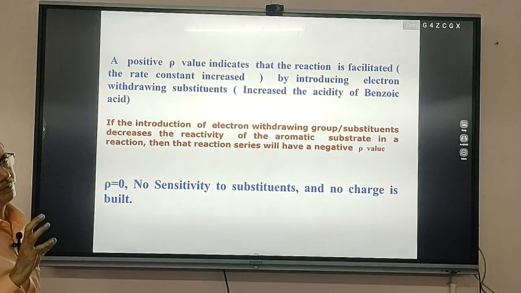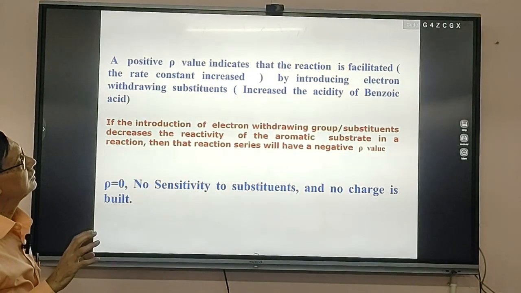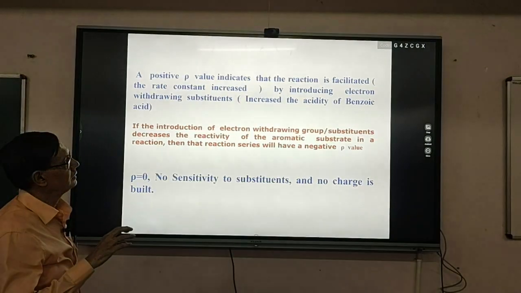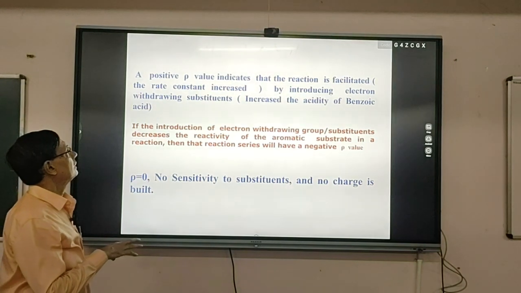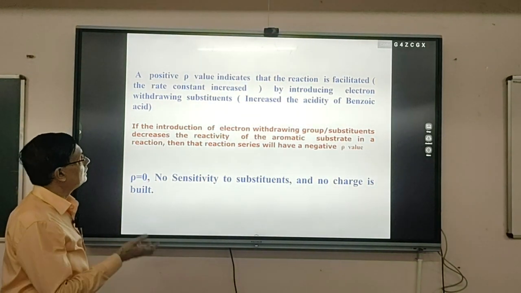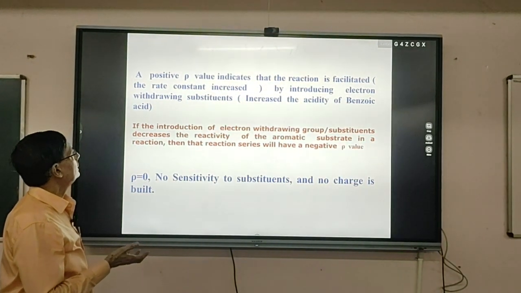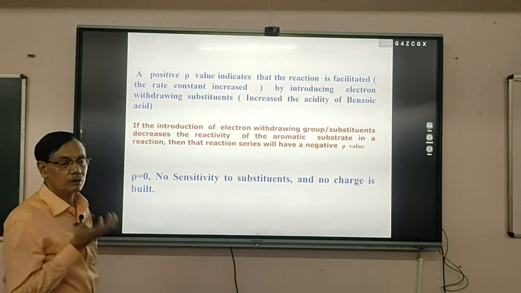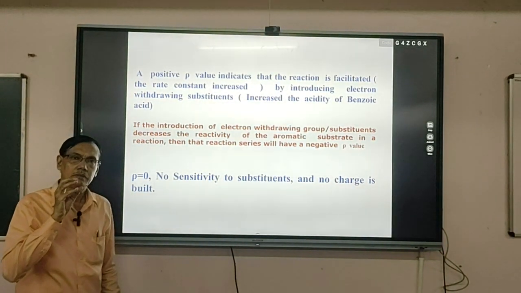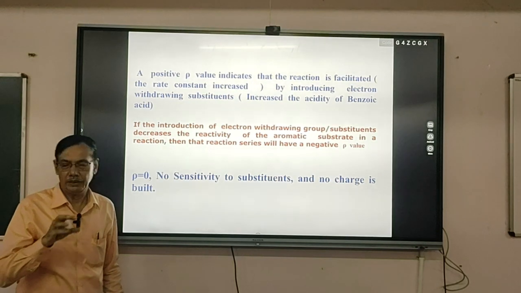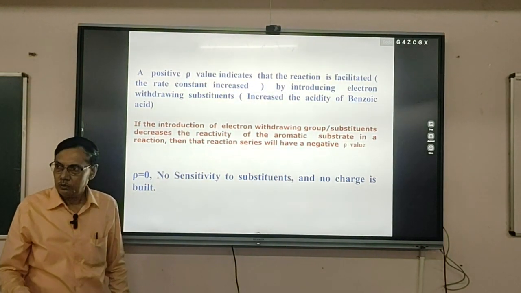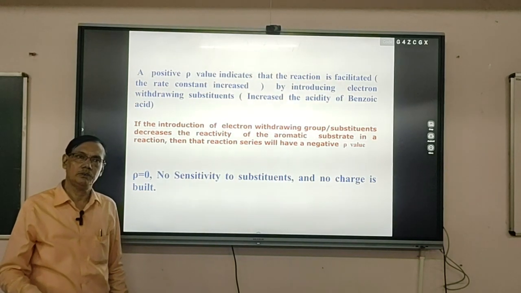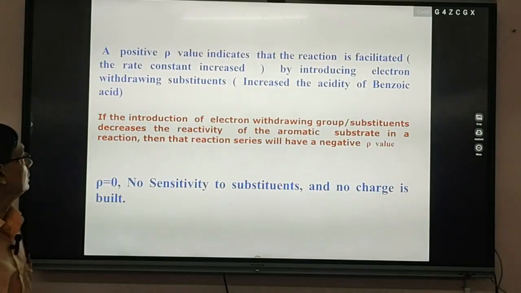That indicates that the reaction rate constant is facilitated by introducing an electron withdrawing group. Suppose I have taken simple ethyl benzoate and para nitro ethyl benzoate. The rate constant of para nitro ethyl benzoate will be increased.